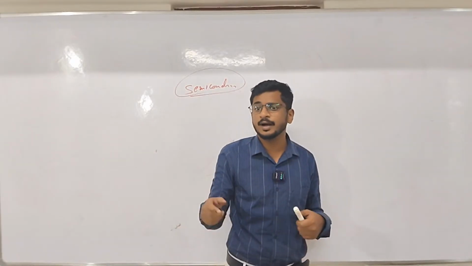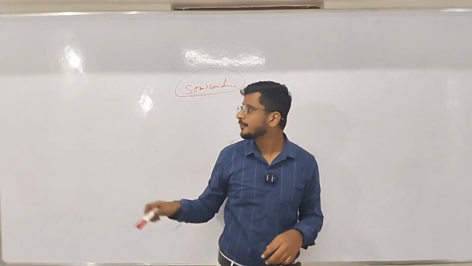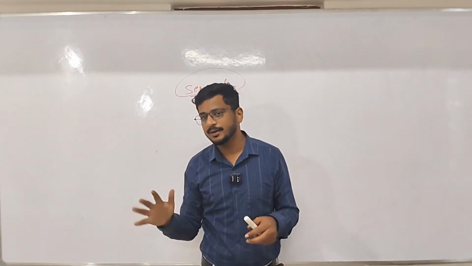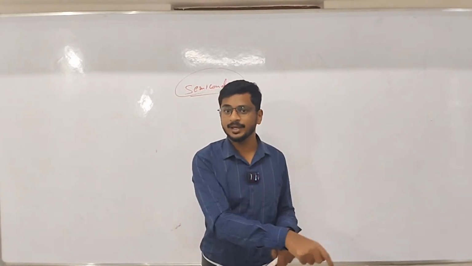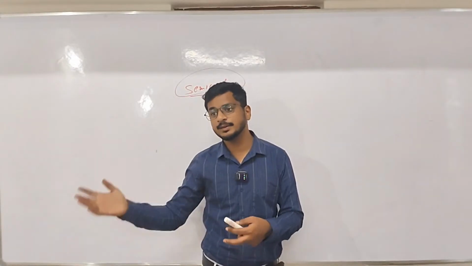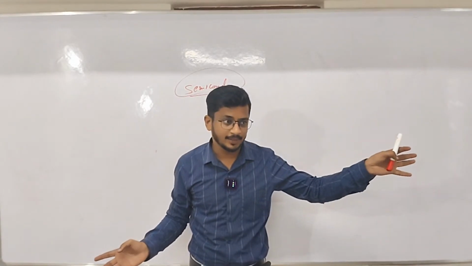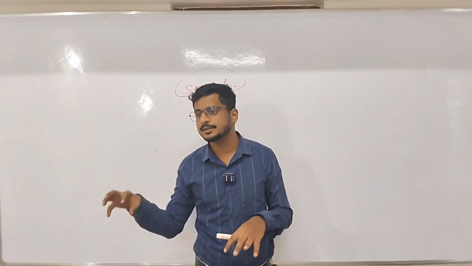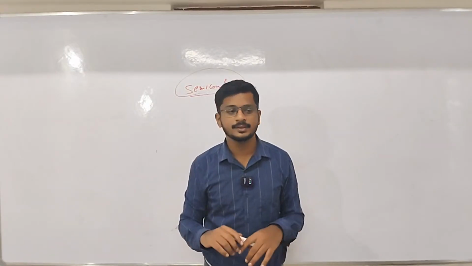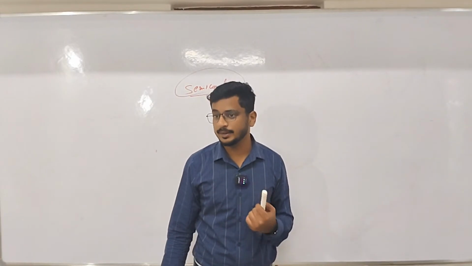No. It needs more energy to be given. But for a semiconductor, if I give less energy, it will not conduct. It will behave like an insulator. If I give more energy, cross the limit, not as much as for an insulator, just energy more than the threshold, it starts conducting. That is a semiconductor.